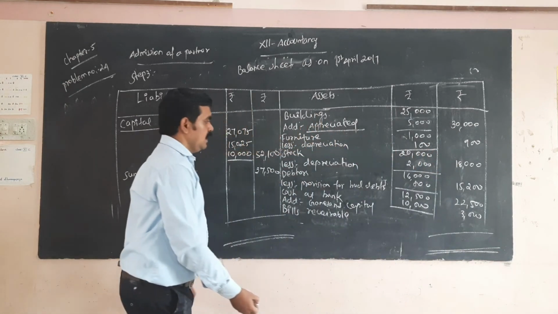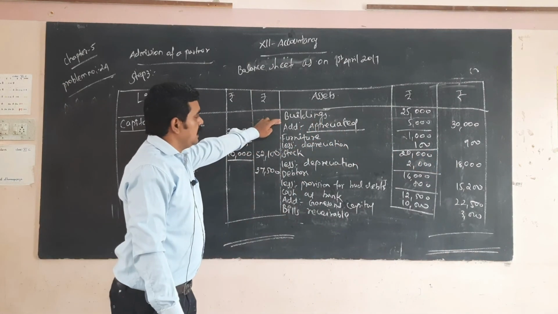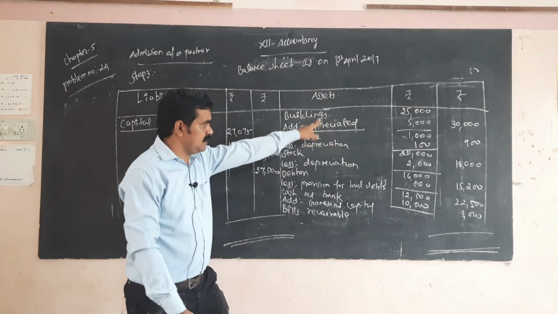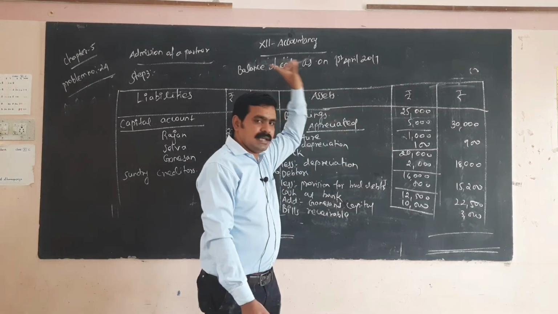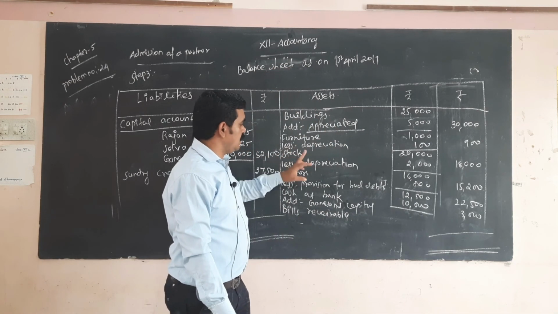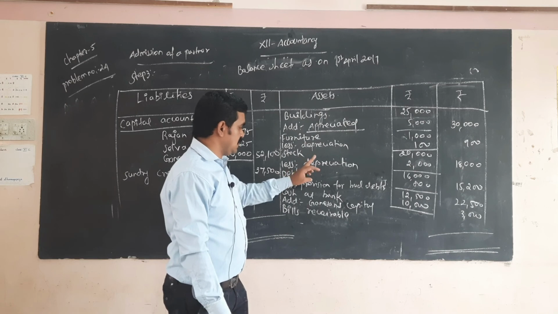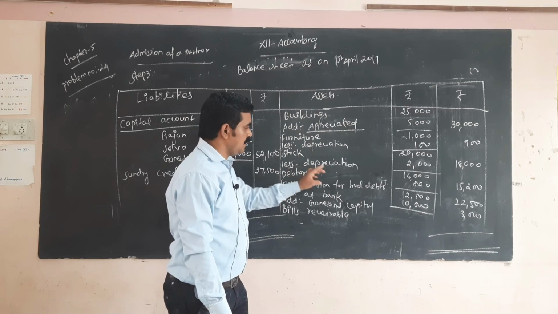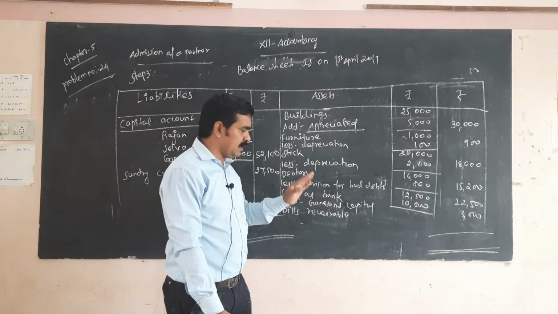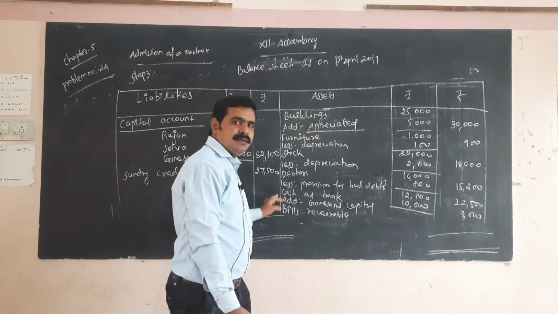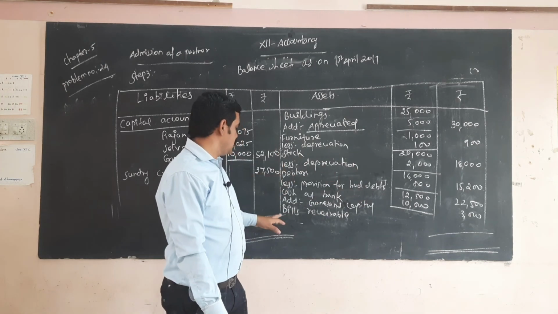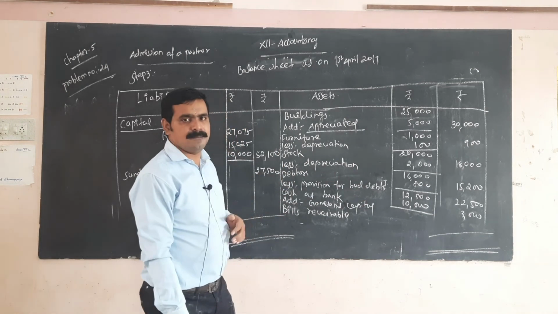Building, add appreciation; furniture depreciation 1,100 already calculated in your revaluation account. Stock 20,000 less depreciation 2,000. Debtors 16,000 less provision for bad debts 800, that is 5%. Cash at bank 12,500 in your problem, and add capital 10,000, that is 22,500. Bills receivable 3,000.